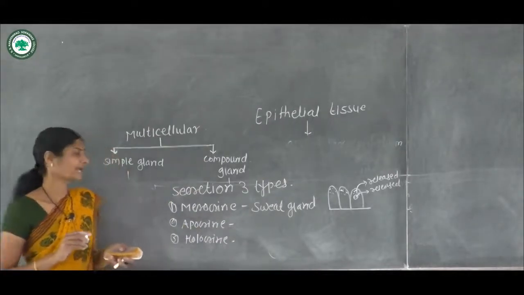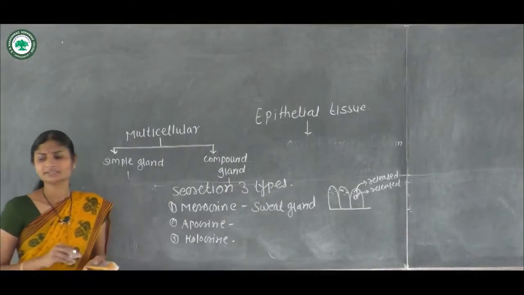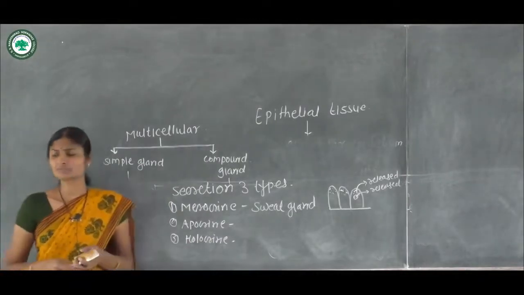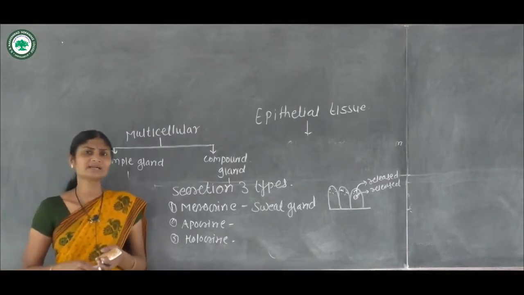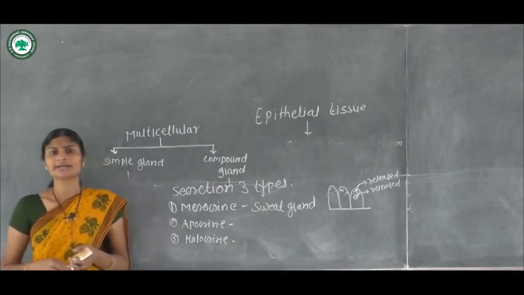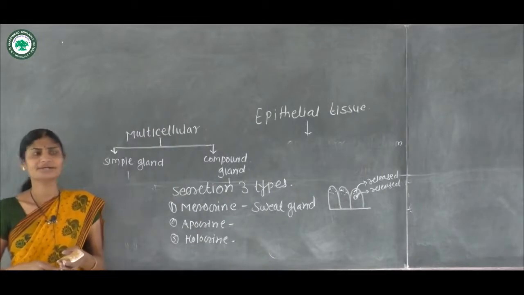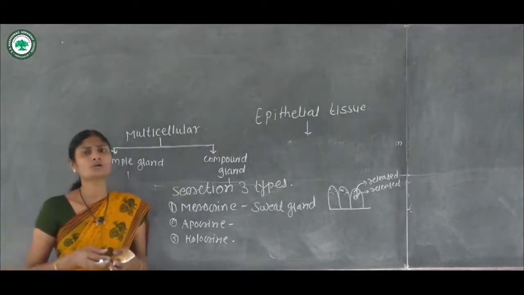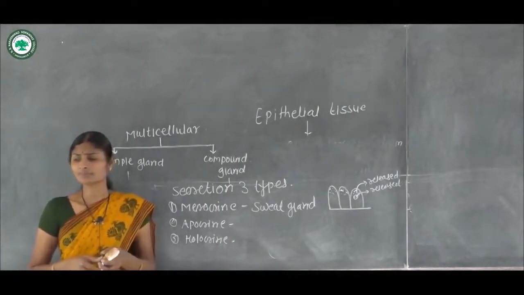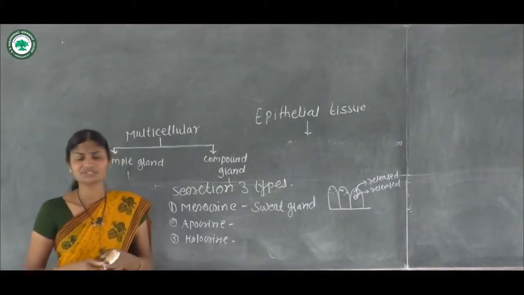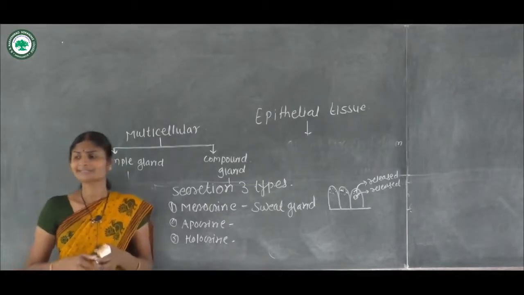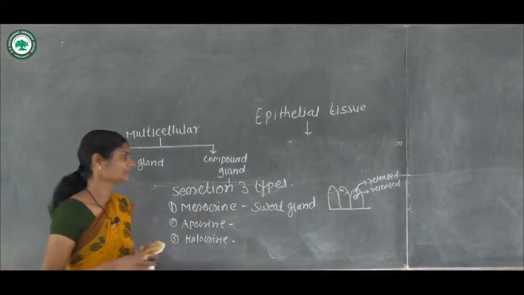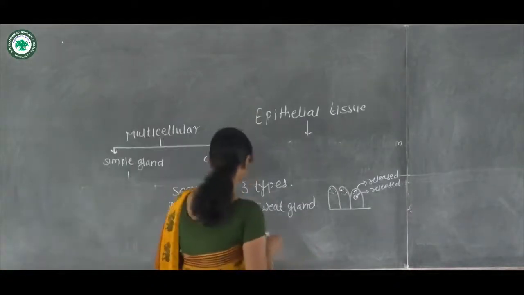Next is the apocrine gland. This type of gland secretes product present in the apical portion, and the cell pinches off that portion along with the secretory product and discharges it, and the cell is not completely destroyed. Example, mammary glands.